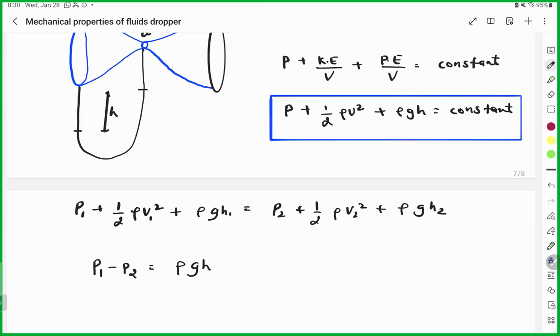And if you don't consider the height and you eliminate the height, can you say P1 and P2 difference will tell you the rho gh, the difference between these two. So P1 plus half rho V1 square is equal to P2 plus half rho V2 square.